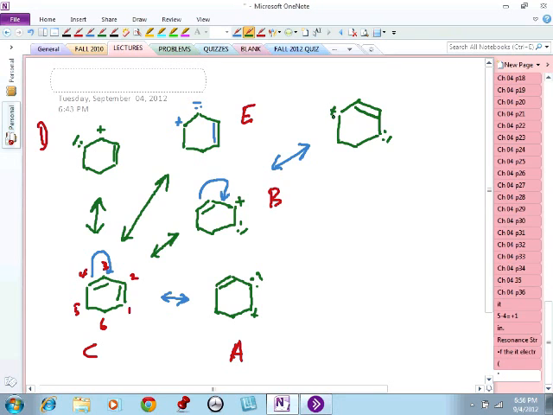That's a very good question you asked, because what we've done here is what we call electron delocalization. Resonance allows us to do electron delocalization.